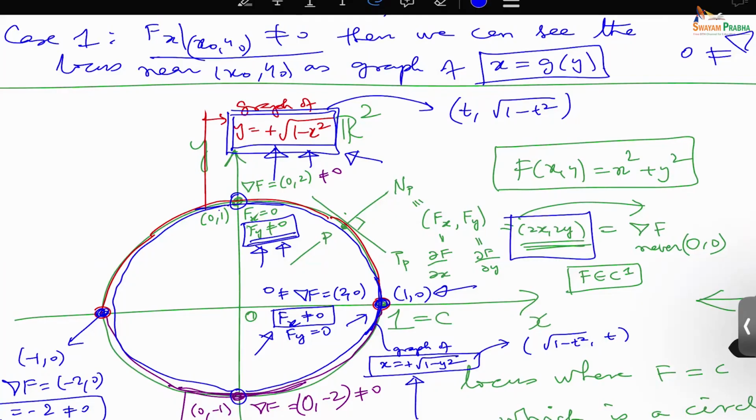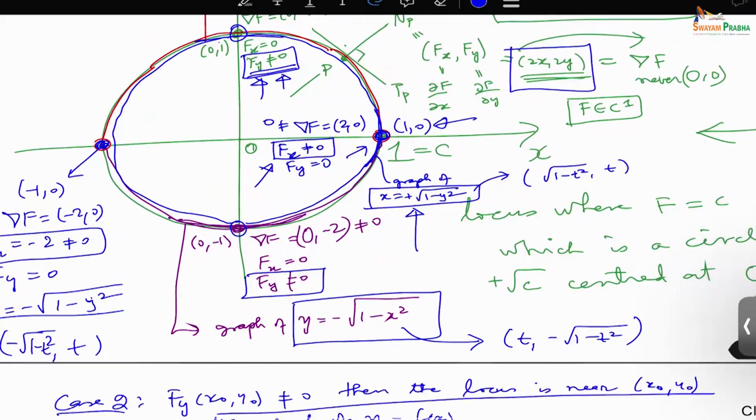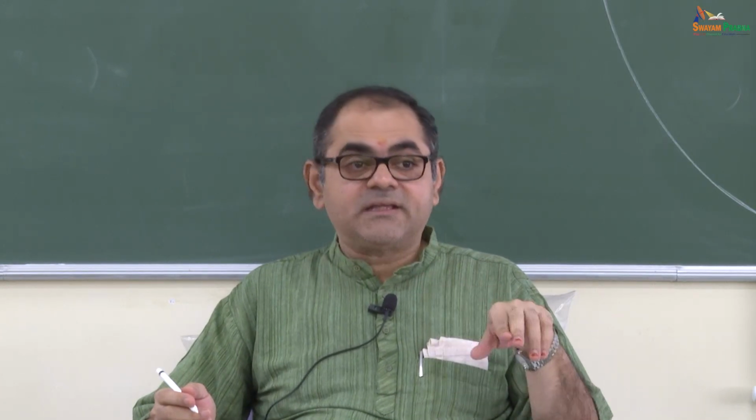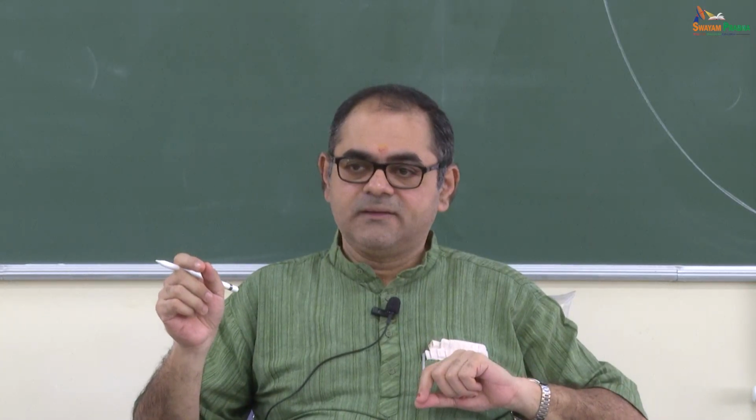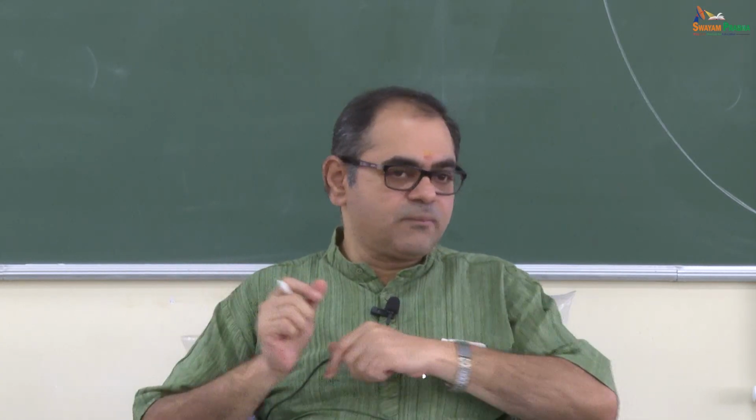And not only that, let me make one more statement. There are situations where both case 1 and case 2 will simultaneously hold. If you leave out the 4 points on the axis, 0 1, 0 minus 1, 1 0, minus 1 0, at all other points both fx and fy are non-zero.